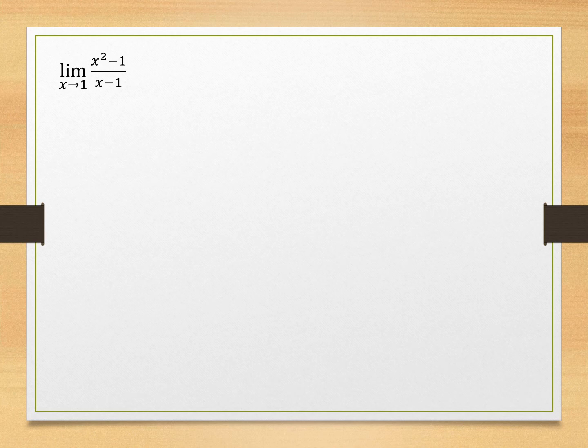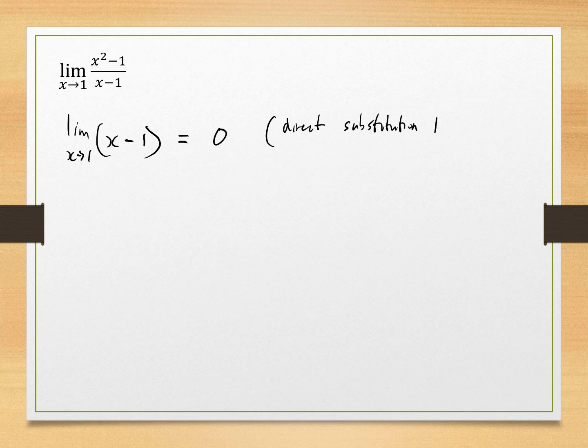Finally, one more case. This case you have to be careful about, because you actually have a case of 0 over 0. By the direct substitution rule, you have 0 in the denominator, so you can't use the limit division law since you have a division by 0 problem.